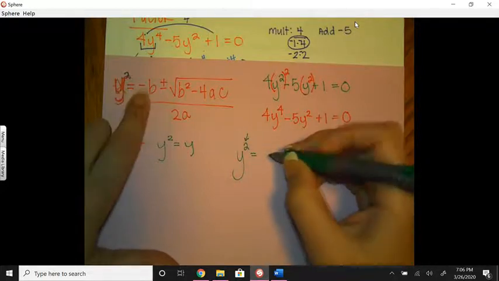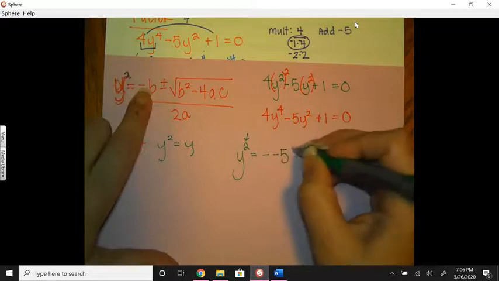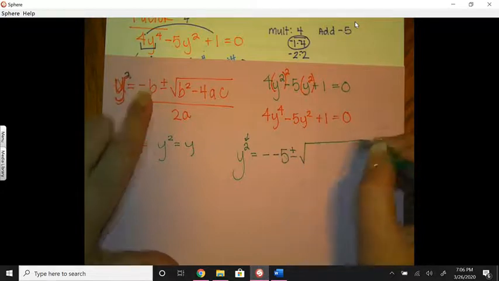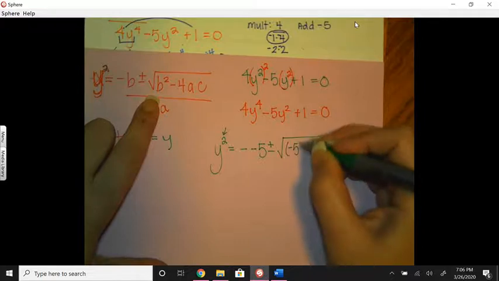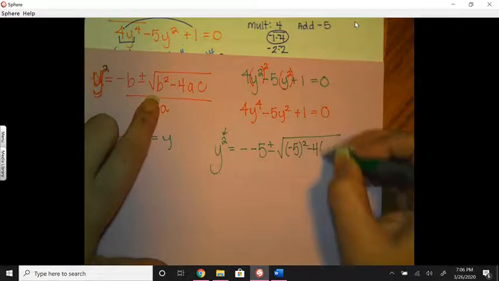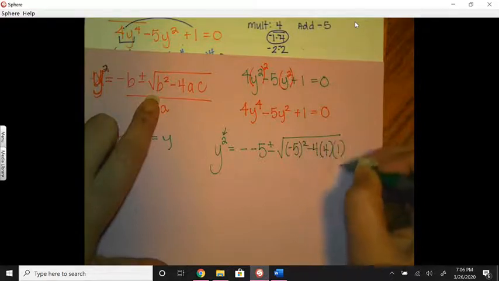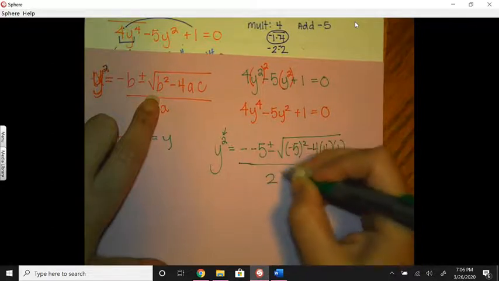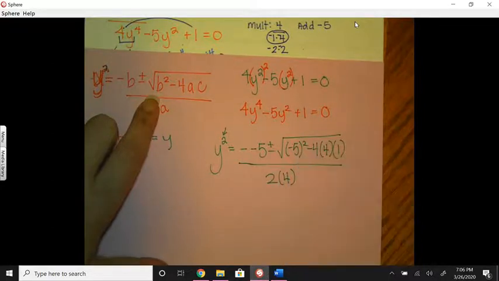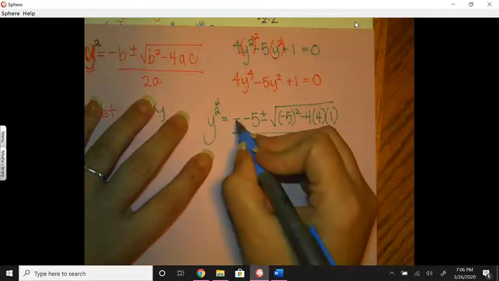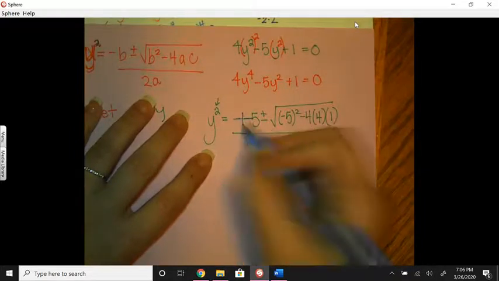So we'd have negative b plus or minus the square root of b squared minus 4ac all over 2a. The opposite of negative 5 is positive 5.